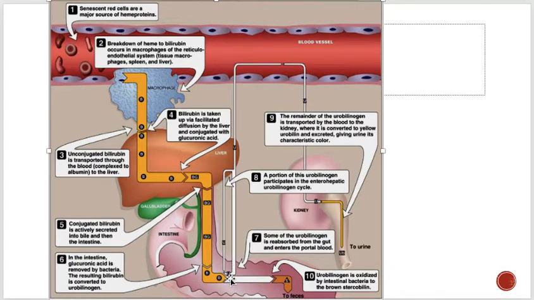And now what happens? Much of the bilirubin from here, we will lose in the feces as stercobilin, and the rest, which can be absorbed in the blood, much of that goes into the enterohepatic circulation, which we call the urobilinogen cycle.